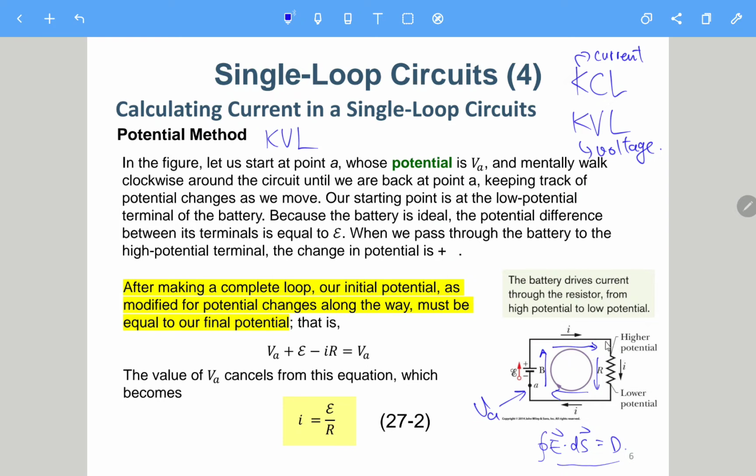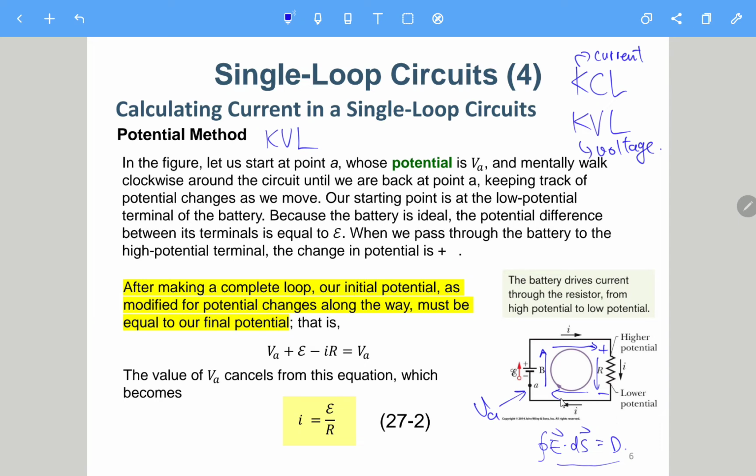The current is going from top to bottom, so this end should have a high voltage and this side should have a lower potential. So we have to plus for the EMF and then minus for this one. And of course we know the current is going clockwise.